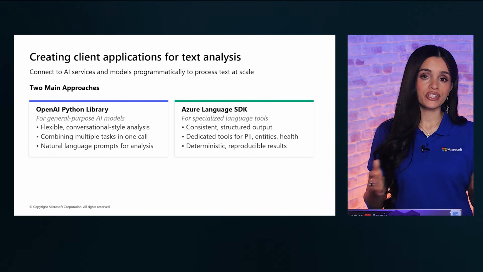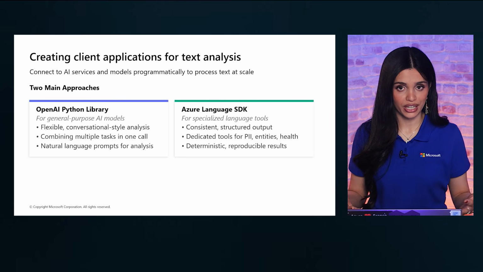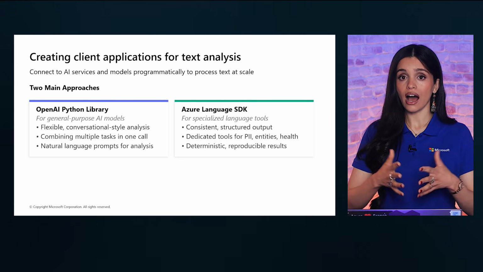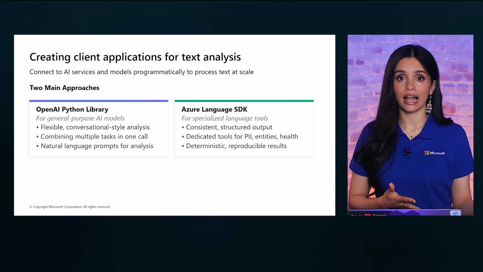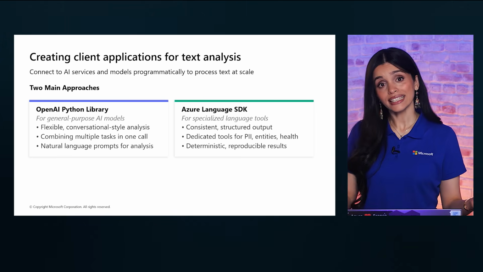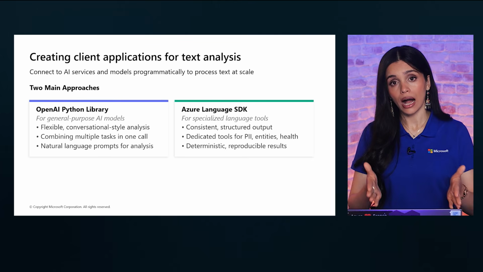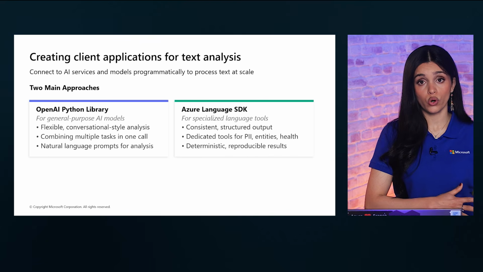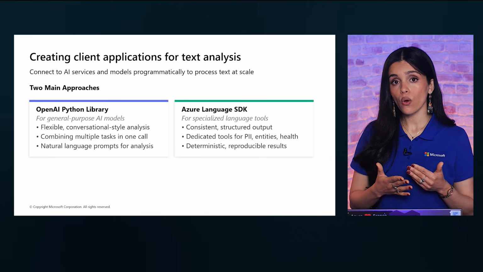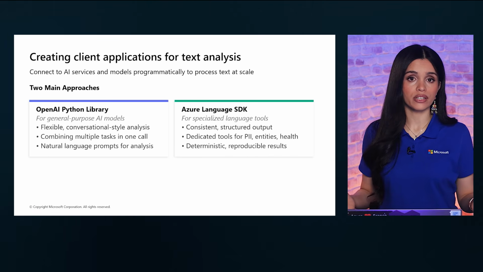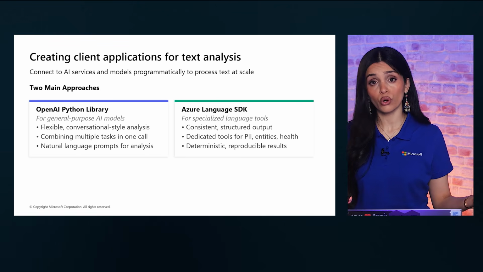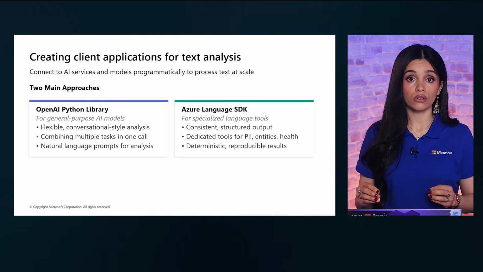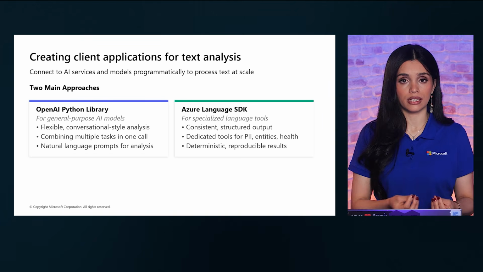So far, we have seen how text analysis works in Foundry and how to choose the right method. Now let's look at how this is actually used in client applications. Client applications are the apps that put text analysis to work in the real world. They may be web apps, background services, or maybe automated workflows. A client application connects to AI models or language services programmatically.